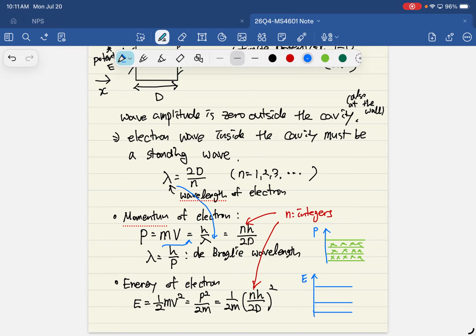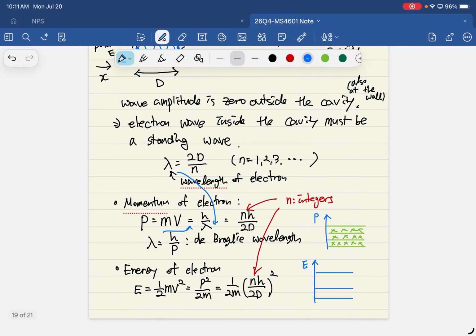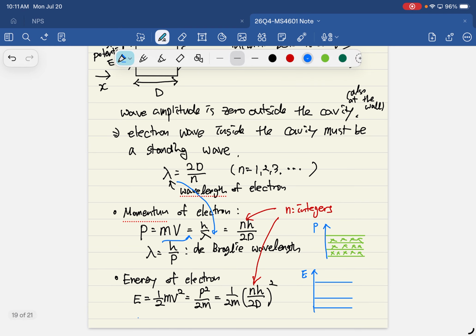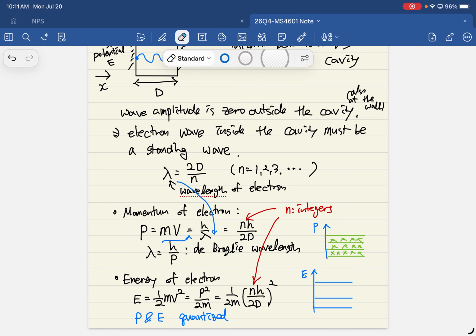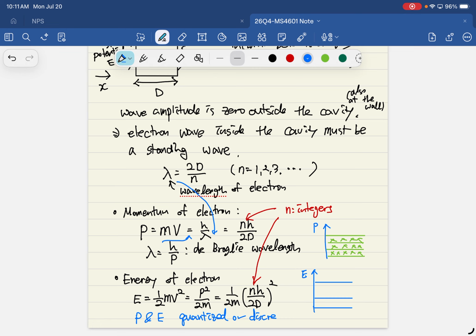Energy can only take these values, not any values between these two. So the consequence is that momentum and energy are quantized, or discretized. This is a very important concept.